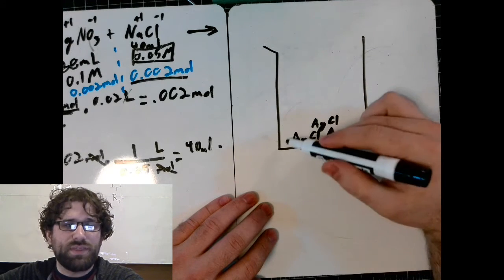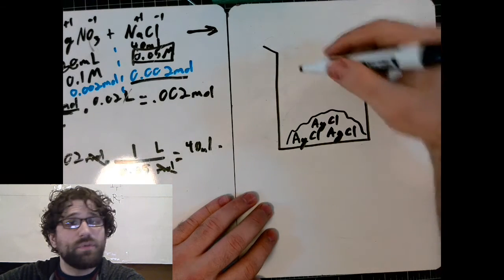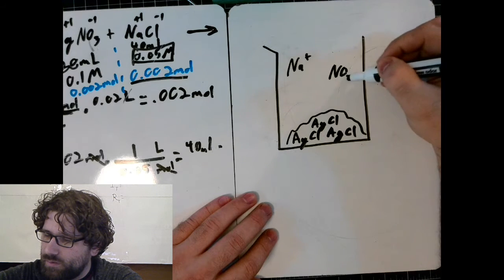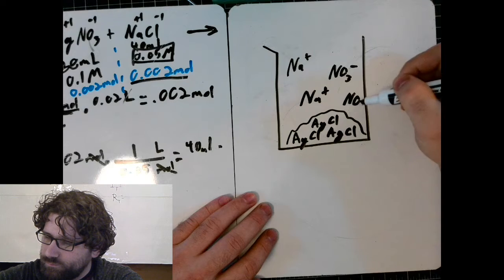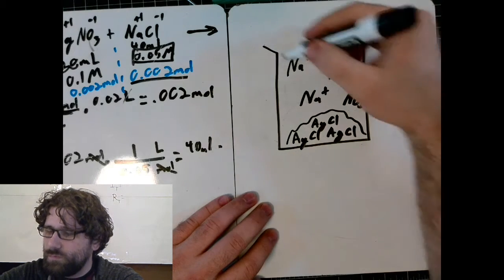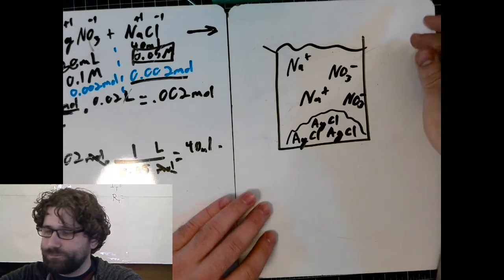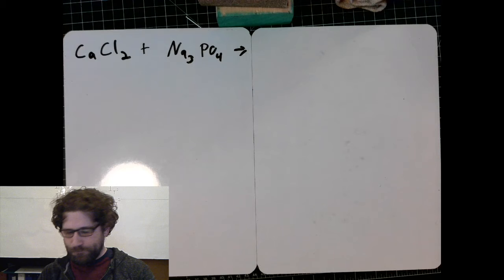So that's how we'll represent that. We've got all of our silver chloride hanging out at the bottom here, but still floating in that solution are my Na and NO3 ions. So those are still floating inside the water. So that's my drawing. All right, let's look at number 4 together.